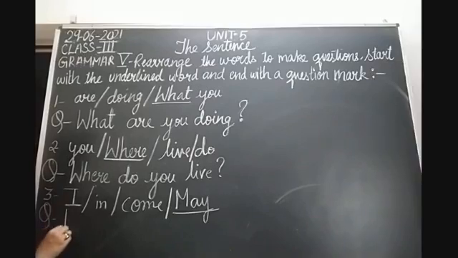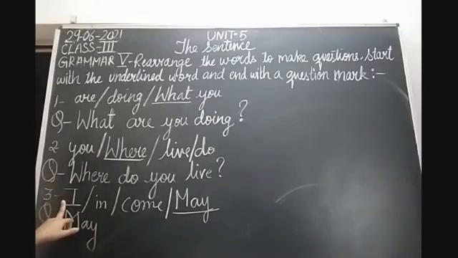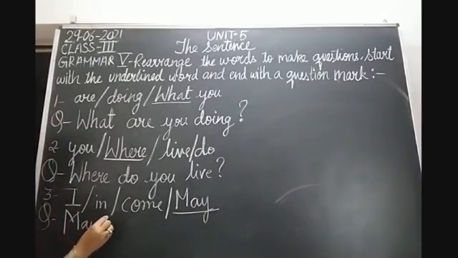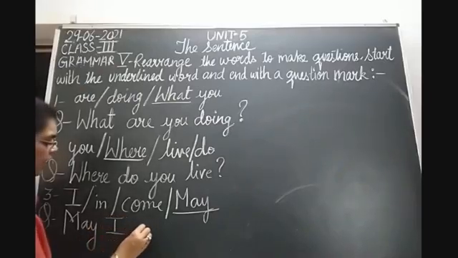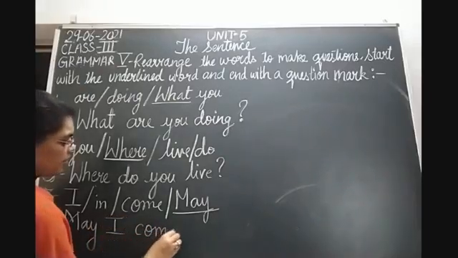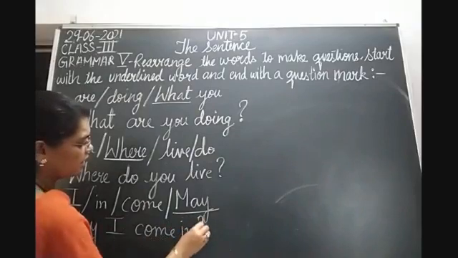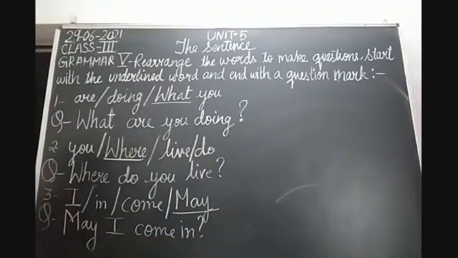So our question will be may. Then always remember students, single I is always written in capital letter. ये जो single I है ये हमेशा capital letter में रहता है. So our sentence will be may I come in. And at the end, what do we put? Question mark.